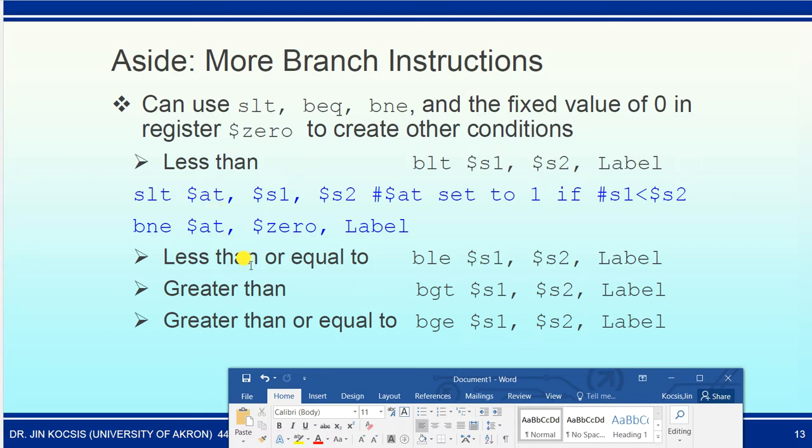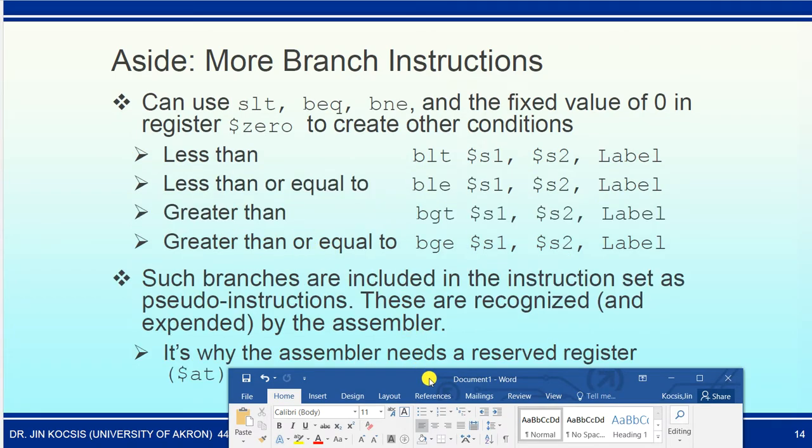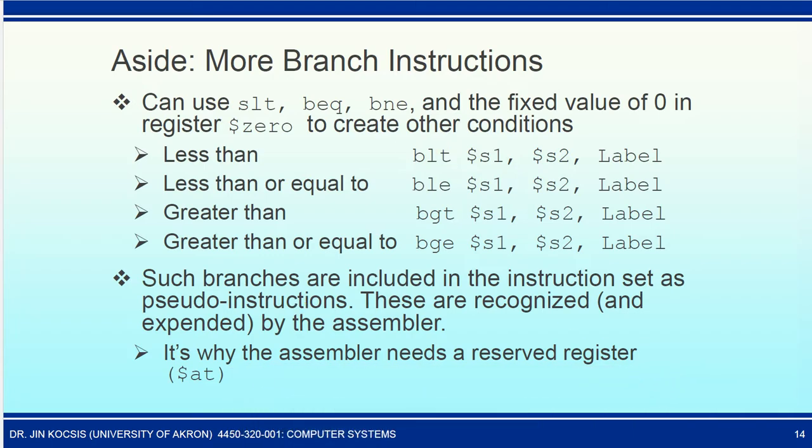Okay, so you can borrow this similar idea or generalize it to translate those individual pseudo instructions, branch if less than or equal, branch if larger than, branch if larger or equal, to this kind of combination. And this slide is basically to explain this assembler temporary register.